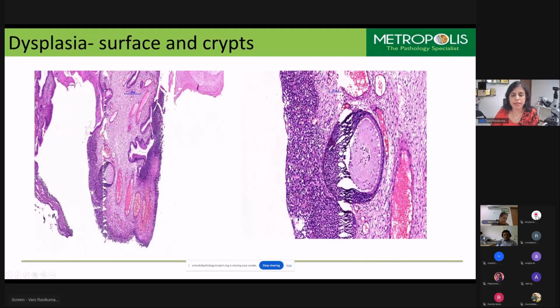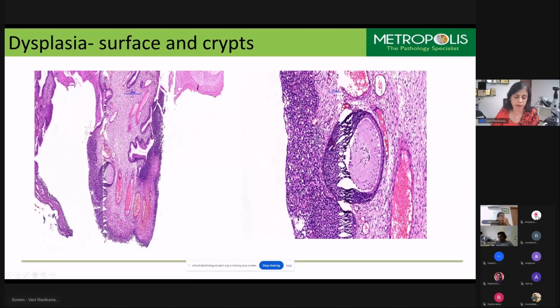The surface epithelium, as well as some of the underlying glands, were showing this kind of thickening, dysplasia, hyperchromasia, loss of polarity, and it was extending down into the glands. See this gland, partly it is showing the normal columnar epithelium, partly it is invaded by this dysplastic epithelium.